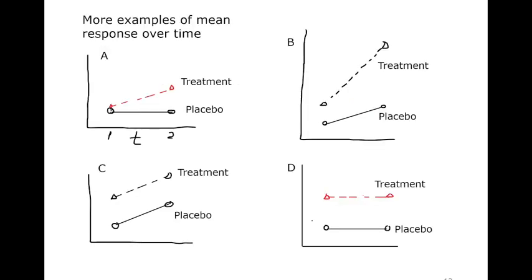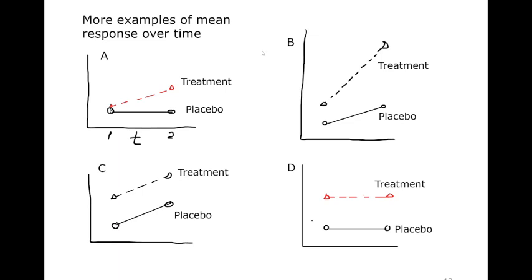Here are some more examples of the mean response over time. There are many, but this is just a list of some common examples. Let's go through them one by one. Figure A shows that the two groups have the same mean quality of life at baseline.